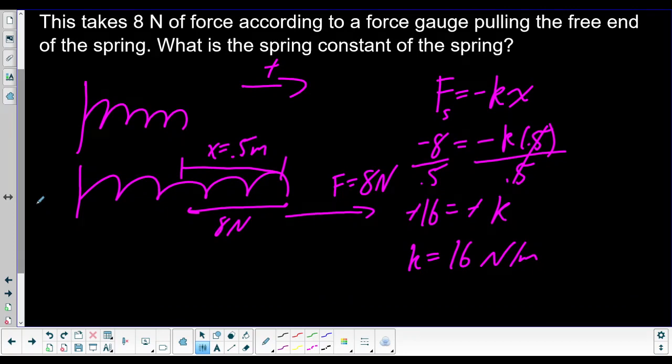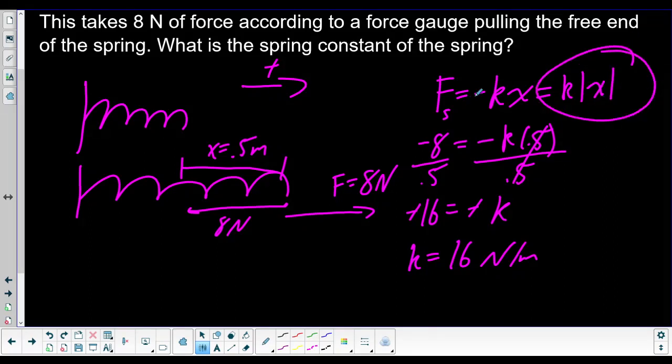A lot of times, people will just ignore this negative. I think even on your AP reference sheet, if you go look at that appendix that I posted, your spring force is equal to k times the absolute value of x, because they don't even want you to worry about the negative, because really it's just directional, and we know which way the force will pull.